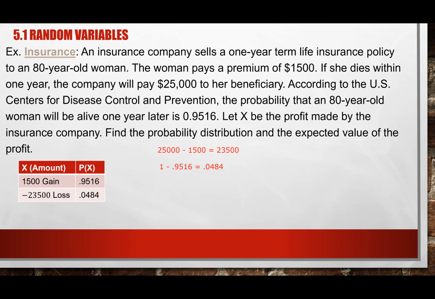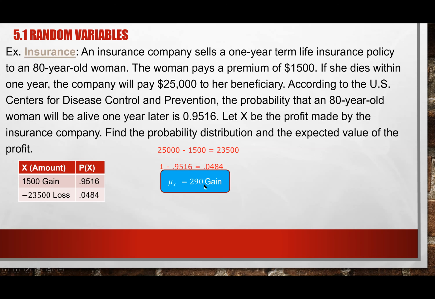If you do this, everybody can see that in the long run the insurance company will gain $290. Meaning for every policy they have, they take $290 as profit on average.